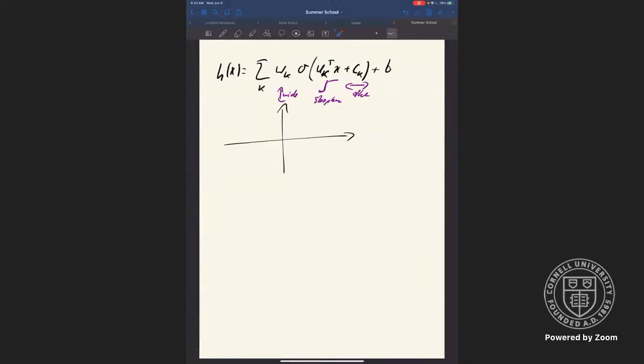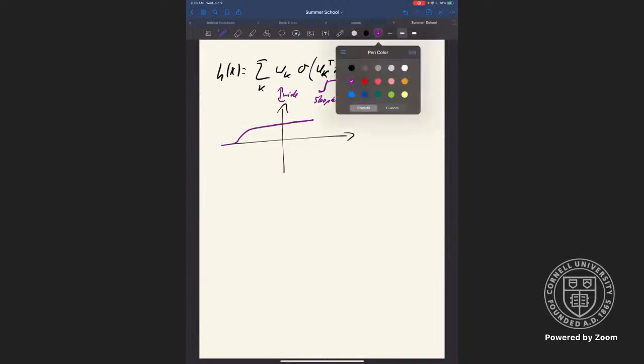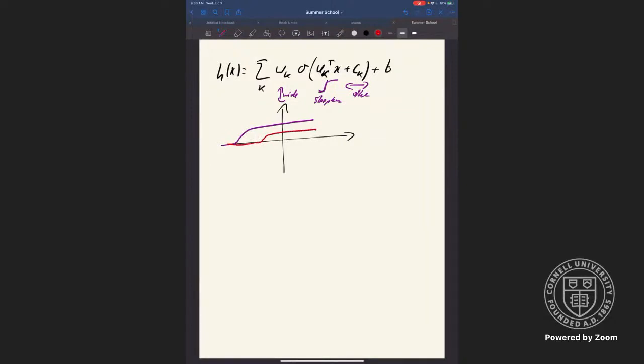So what is this function h, right? It is a weighted sum of a bunch of these sigmoidal functions. Let's think about this for a second. Let's say we have a bunch of these functions. The first one maybe looks like this, the second one, who knows, looks like this, and the third one maybe looks like this.